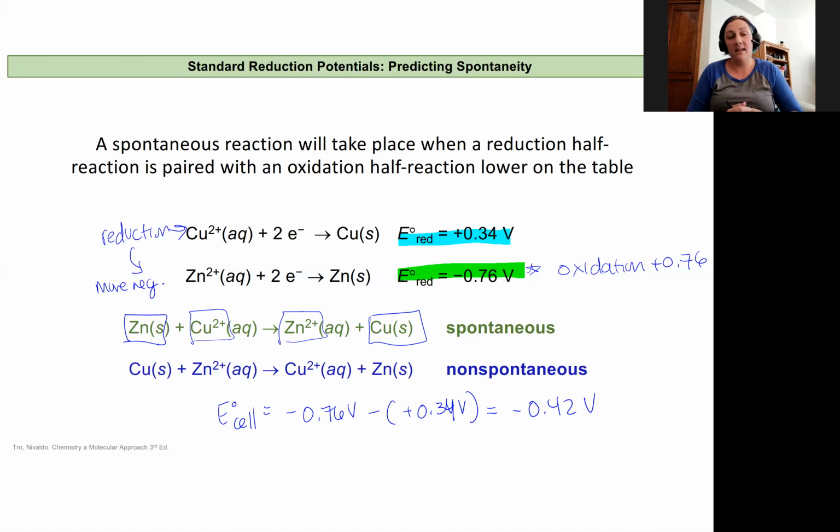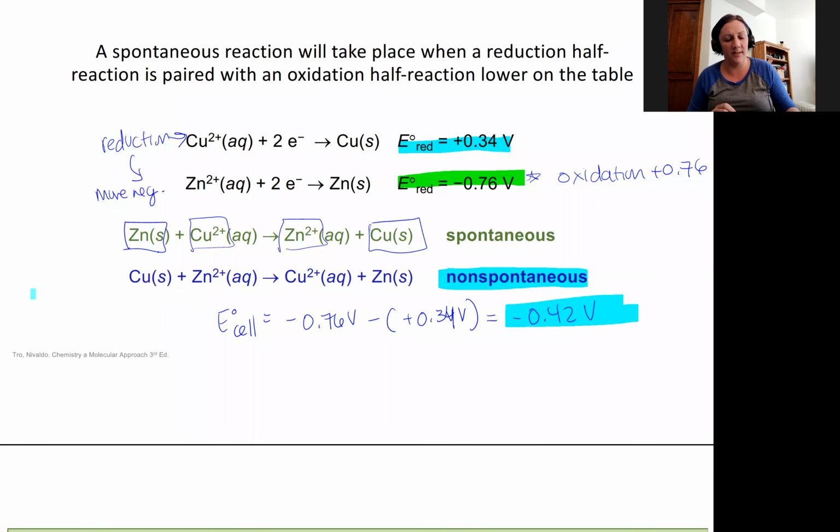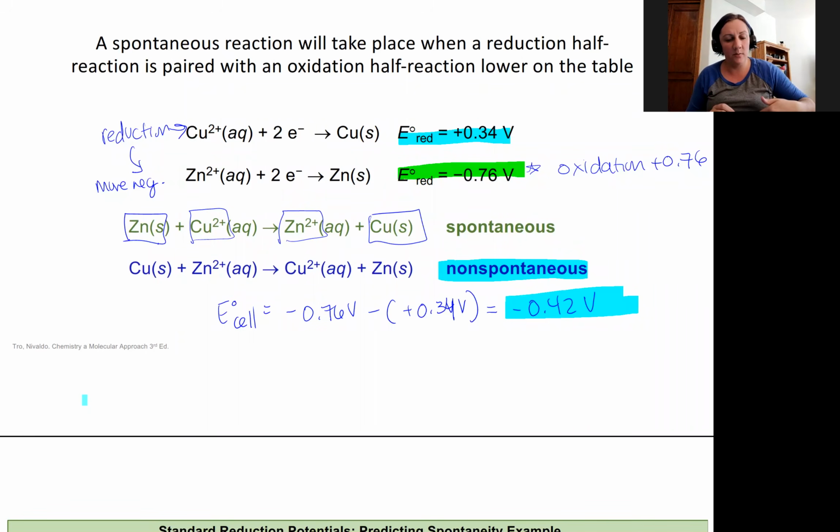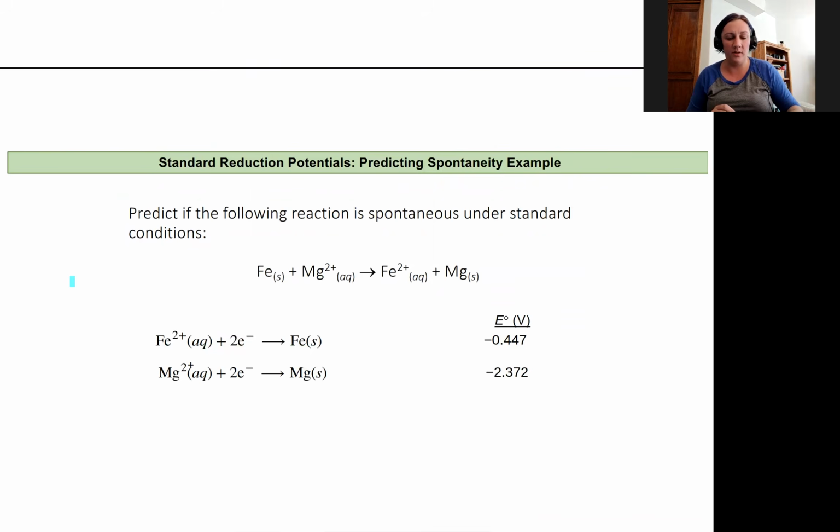And so if we get a negative cell potential overall, it corresponds with a non-spontaneous process. So we can use that shortcut of just looking at the table and saying, anything below this will be able to be oxidized by this as the one we're viewing is reduced.